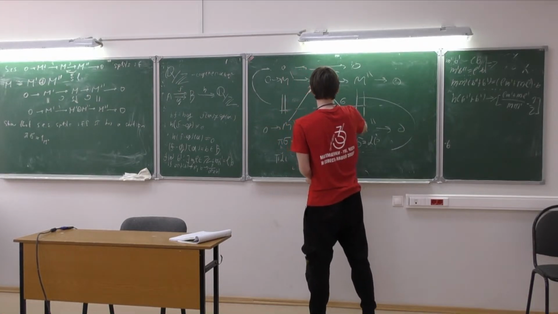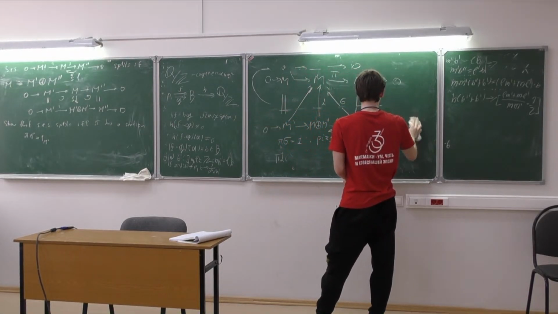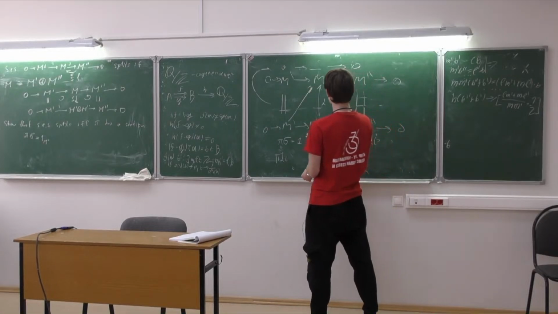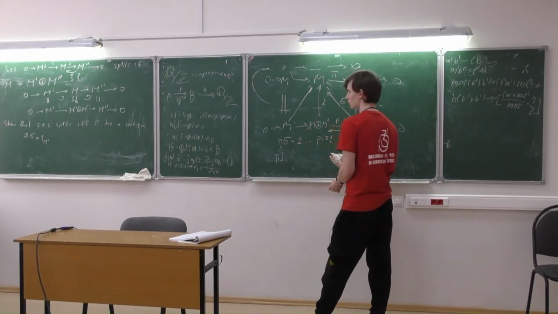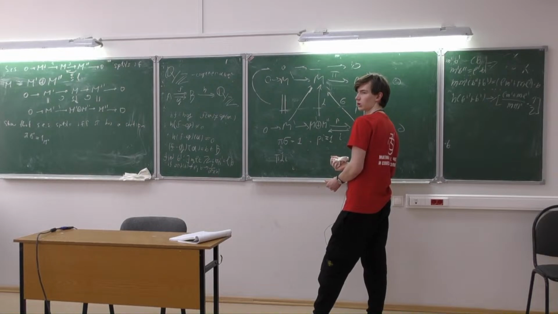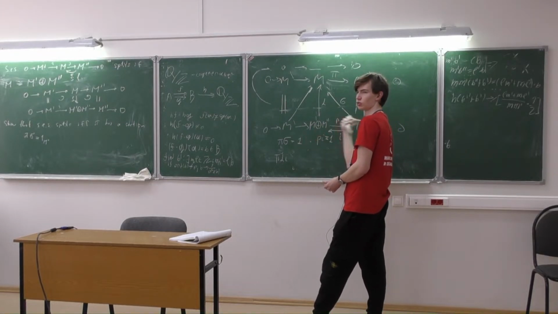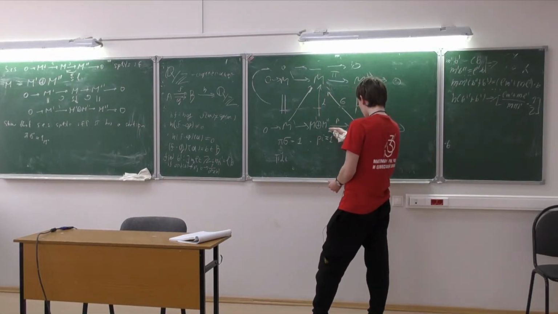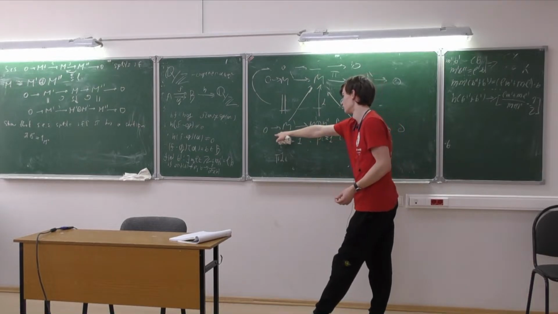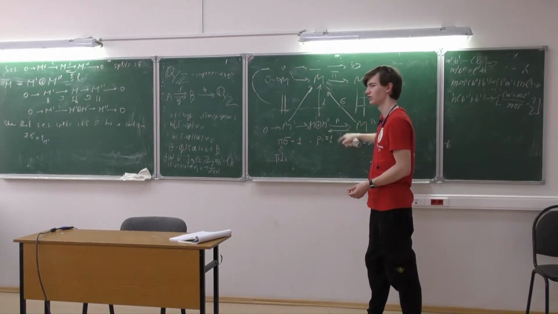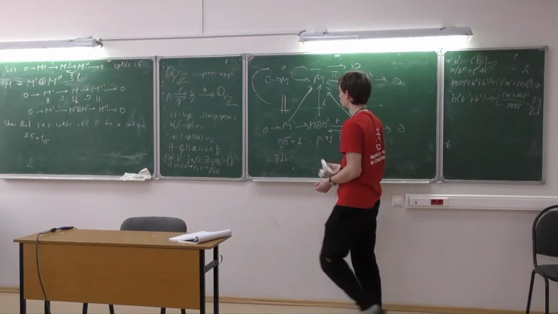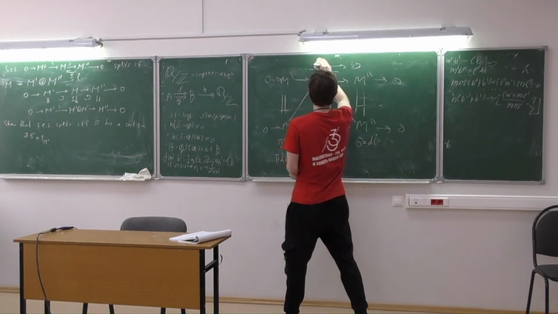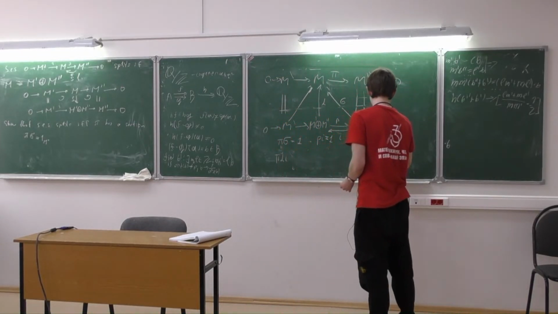Зачем нам проверять коммутативность? Нам нужно проверять, потому что у нас как бы перевернутая картинка. У нас последовательность вот с этой стрелкой, а не с этой. Ну не вышло, ну не фартануло.